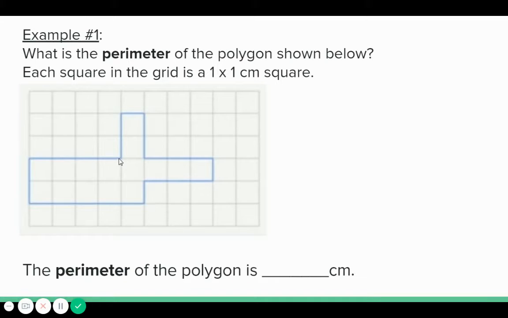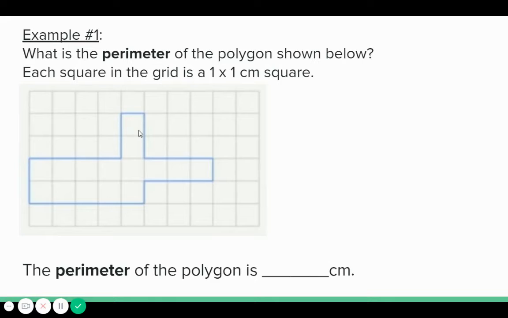So to figure out how long this line is, I just have to use the information about the square, which is 1 by 1. It means the length and the width are the same because it's a square, and that is 1. So this line here is 1 as well as all the other lines.